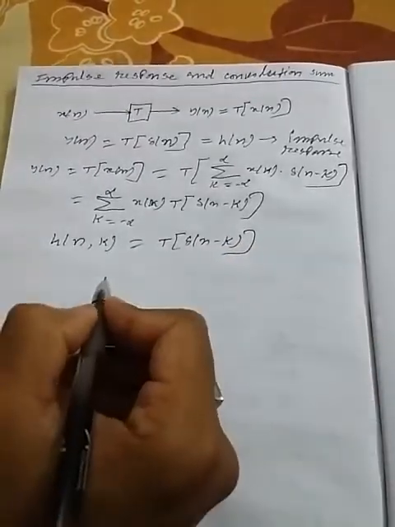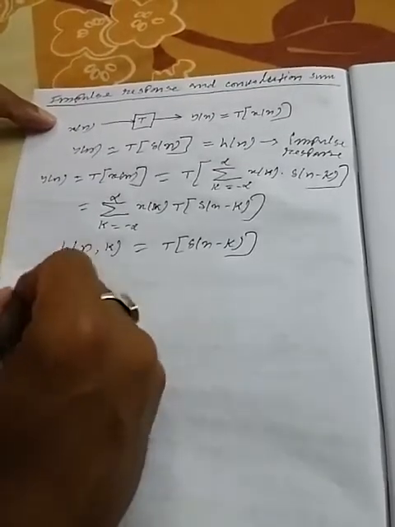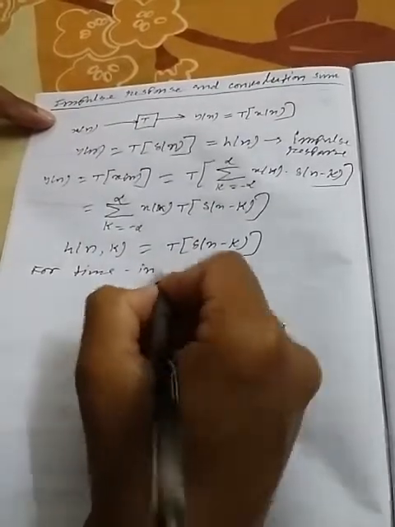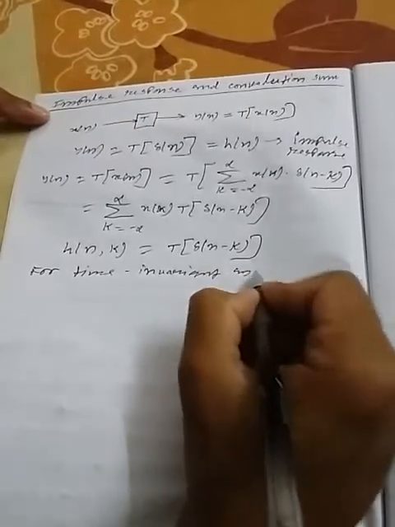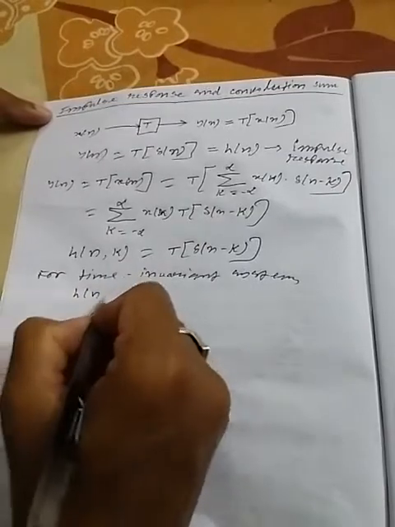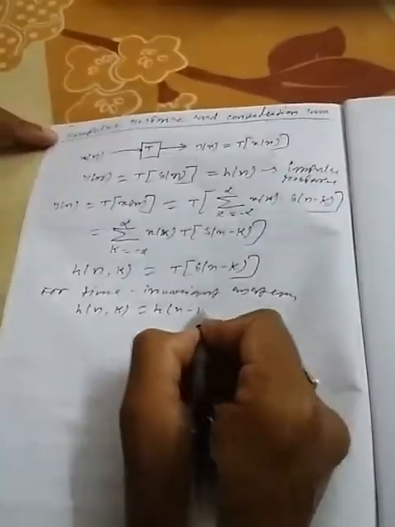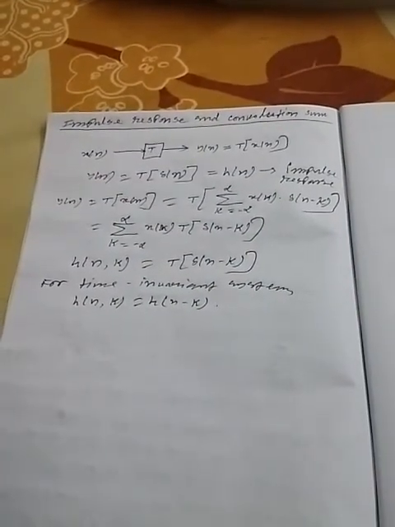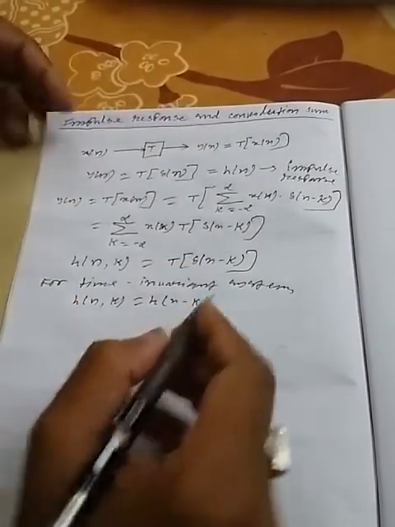Now for time invariant system, we can write that h[n,k] equals h[n minus k].